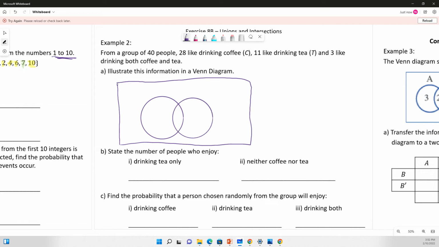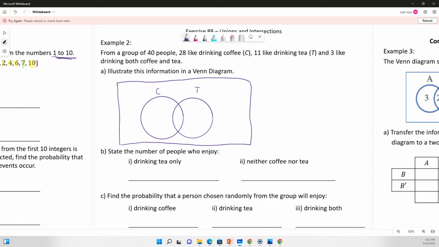Let's call this one coffee, and let's call this one tea. 40 people in total. 28 like drinking coffee and 11 like drinking tea. 3 like drinking both coffee and tea.